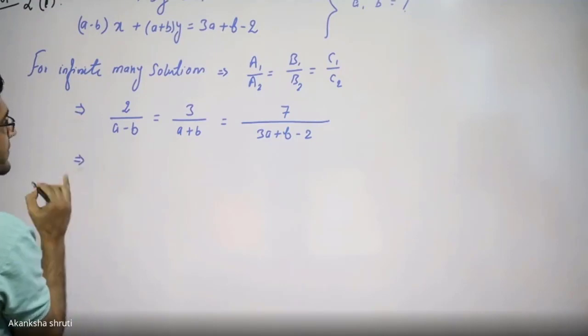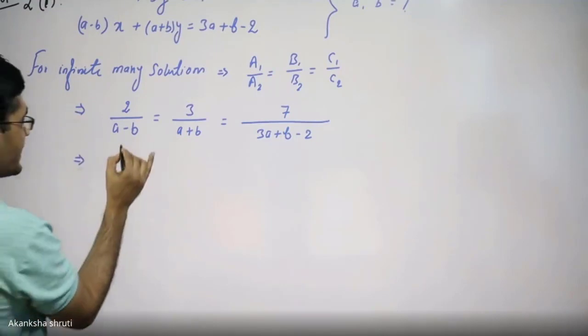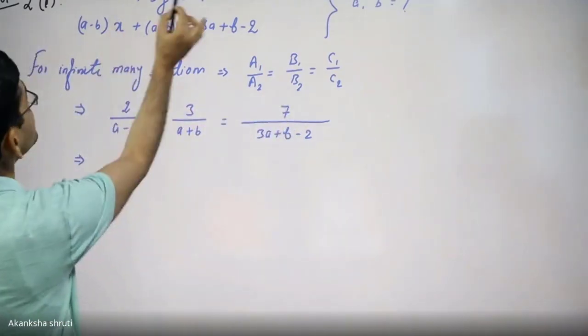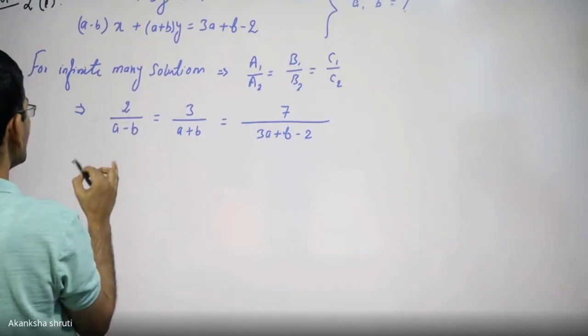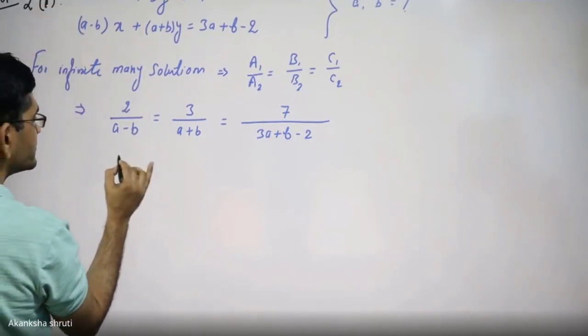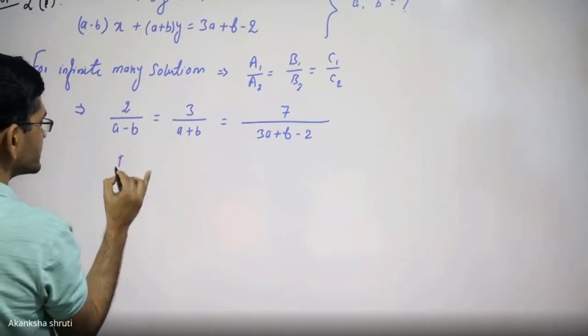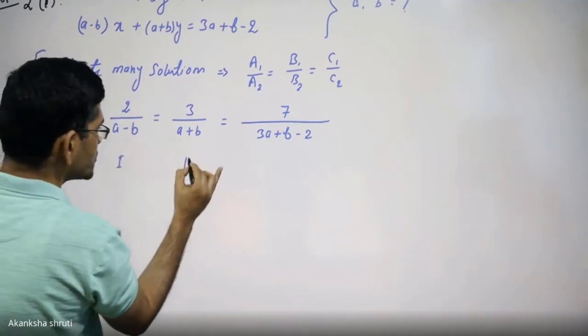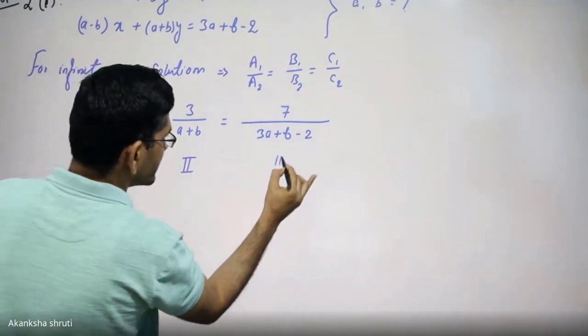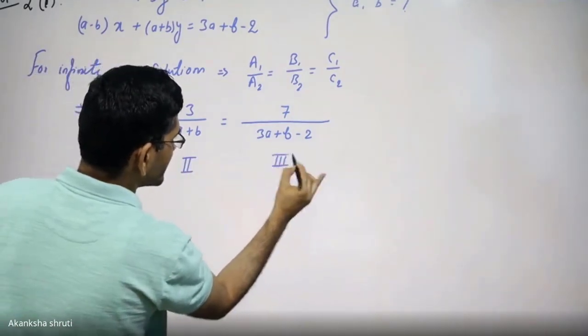A and B. Here, these are the three ratios. These three ratios indicate that we have two conditions, or we can frame two equations.